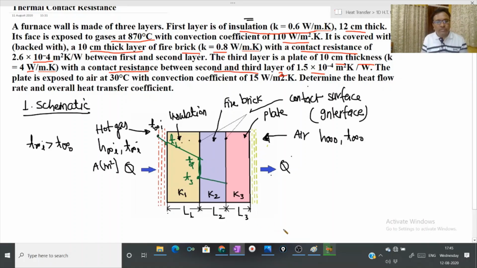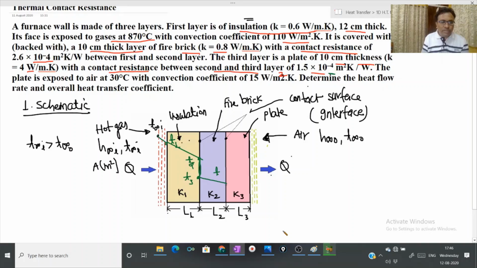Temperature drop will take place, let's say, from T3 to T4. Once again, at the interface of fire brick and plate material, thermal contact resistance of 1.5 into 10 to power minus 4 meter square Kelvin per watt is there.